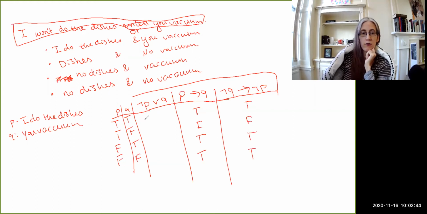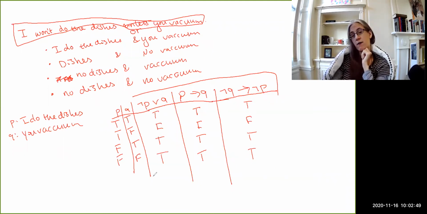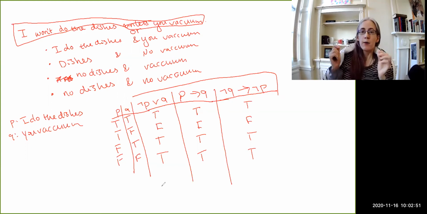I'm not going to go through all of the details. You can verify this for yourself. But each one of these expresses the same sentence. So I won't do the dishes unless you vacuum is equivalent to: if I do the dishes, then you vacuum, and if you don't vacuum, then I'm not doing the dishes.